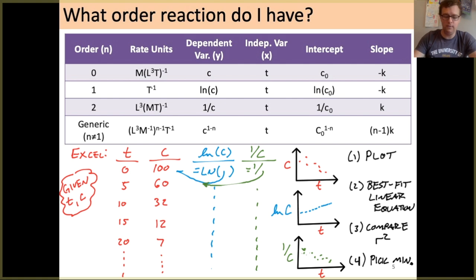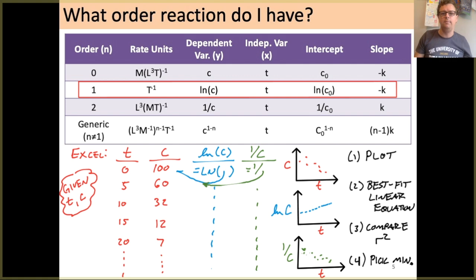If I'm then interested in the rate coefficient, you can see from the table that for a first order equation, the slope of that line is minus k.